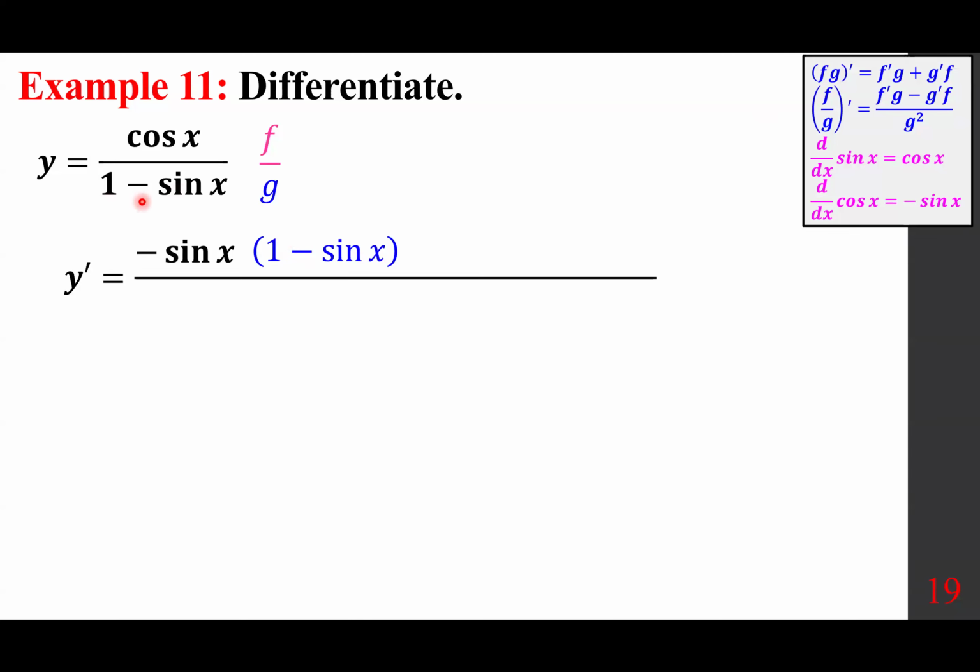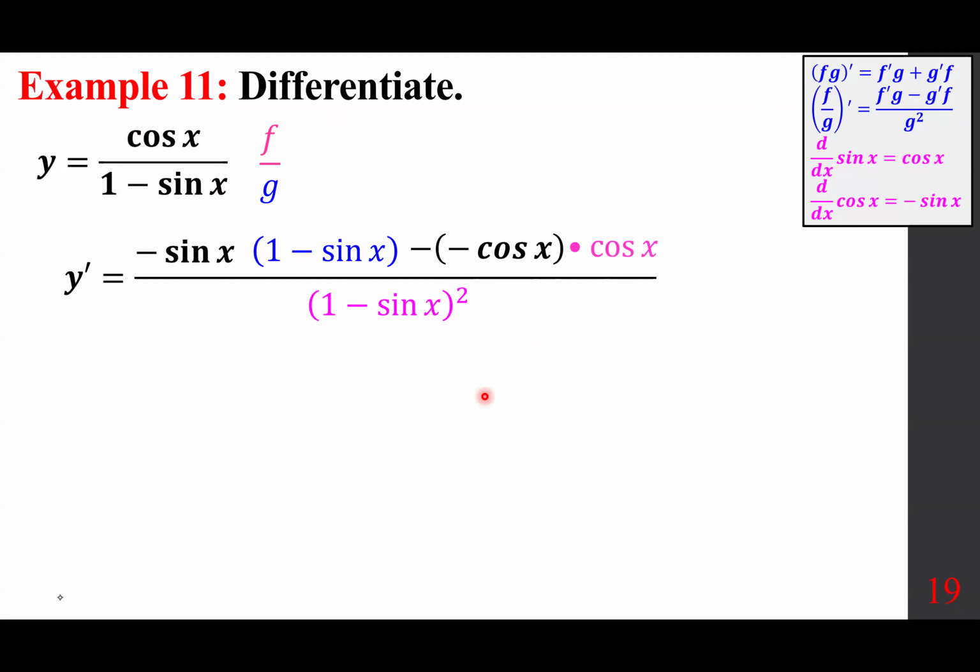The derivative of 1 is 0, minus is minus, sine is positive cosine x. So the derivative of the bottom is simply negative cosine x. So minus negative cosine x times the numerator, cosine x. Then you put the denominator g, 1 minus sine x, in parentheses and square that.